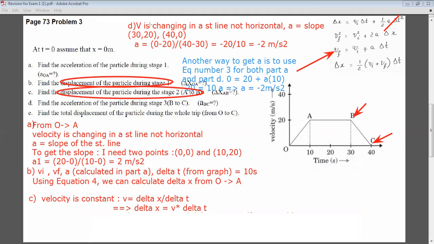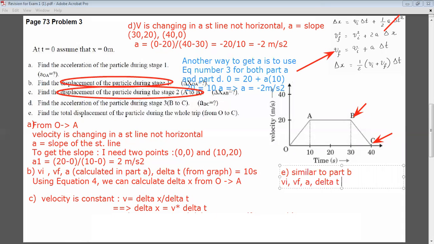I just have to calculate displacement during B to C, and I will do it exactly how I did part B. So part E, similar to part B. What information do I have? I have the initial, I have the final, I have acceleration, which I calculated in the previous part.